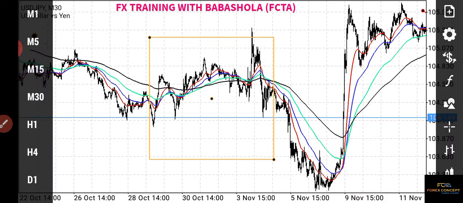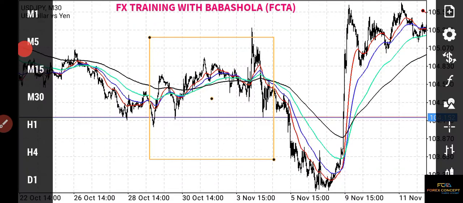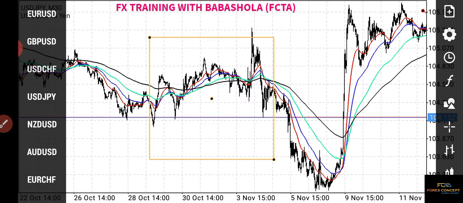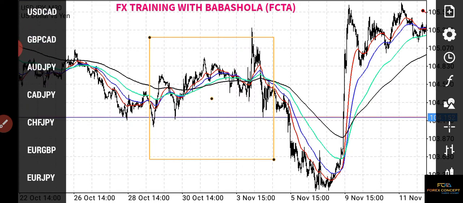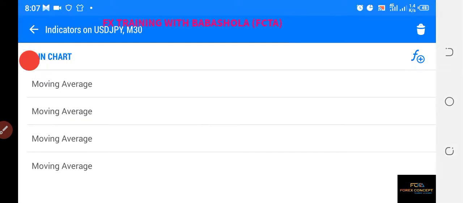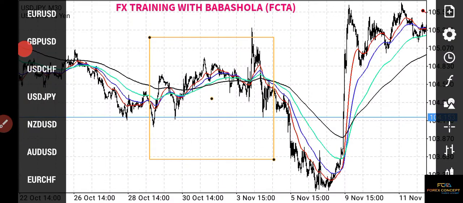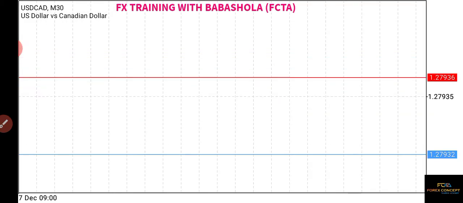You can also see an example on the USD CAD. Let me show you. USD CAD here.